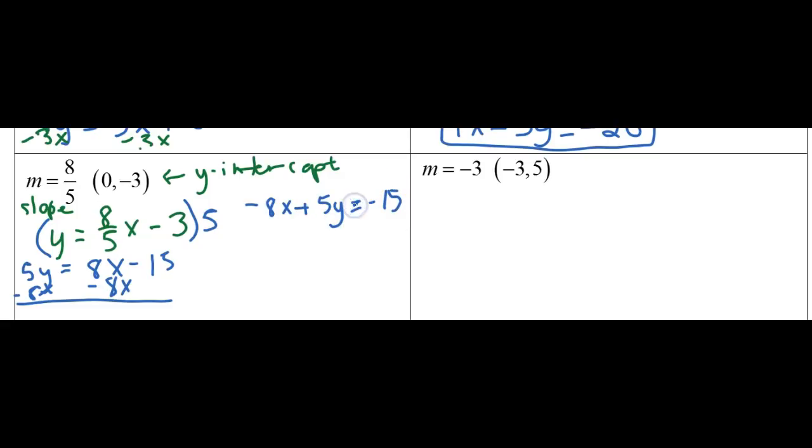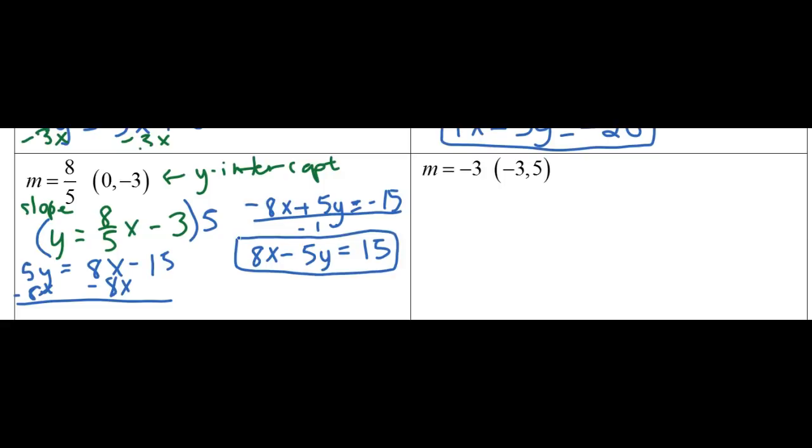Now, since my a term is not positive, I can either multiply or divide by negative 1. It does not matter which one you do. It's the same process. Just show your work. So now I have positive 8x minus 5y equals positive 15. All right, that's in standard form.